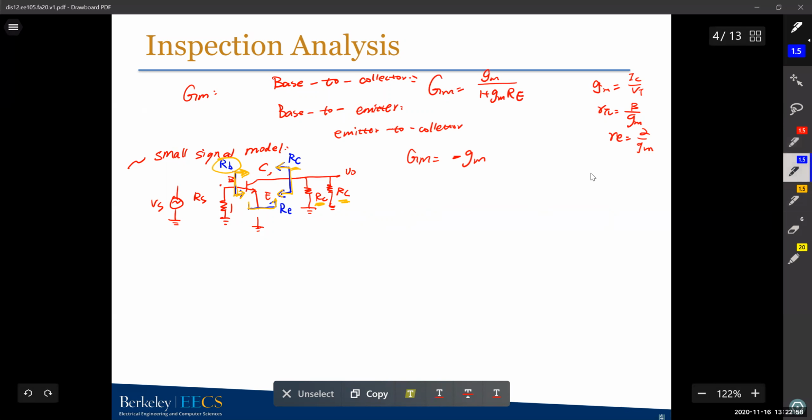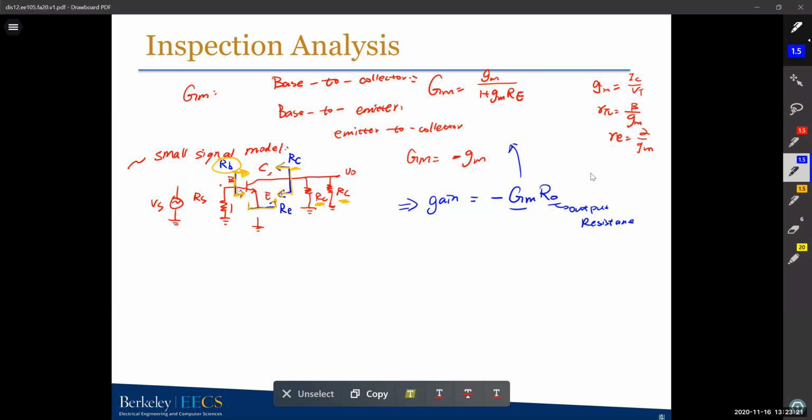So recall what I defined before. The actual gain using the Y parameter model is negative capital GM times RO, where RO is our output resistance. And your capital GM is what we define here.